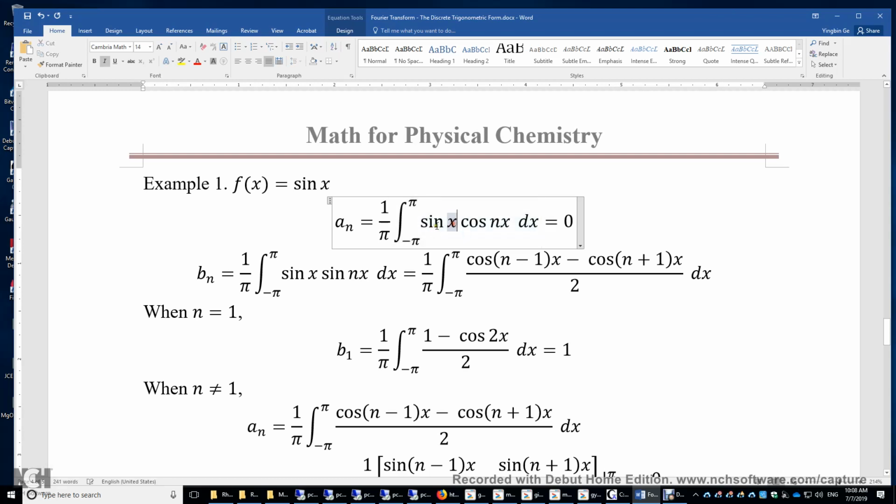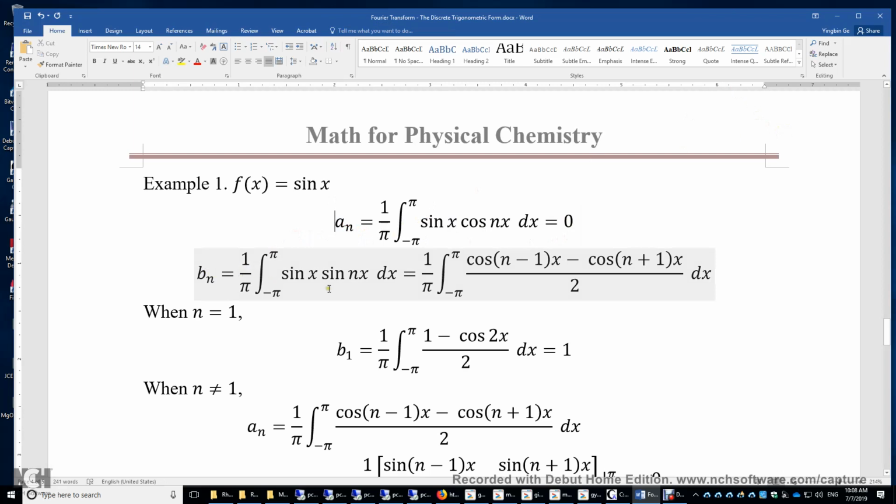The reason is simple. If you integrate an odd function, the integral value on the left-hand side of the x equals 0 axis and the integral value of the right half are exactly the same, but with opposite signs. Therefore, they cancel.